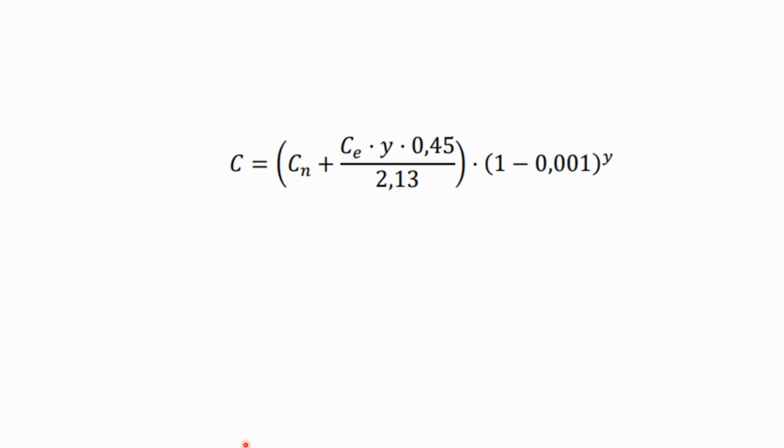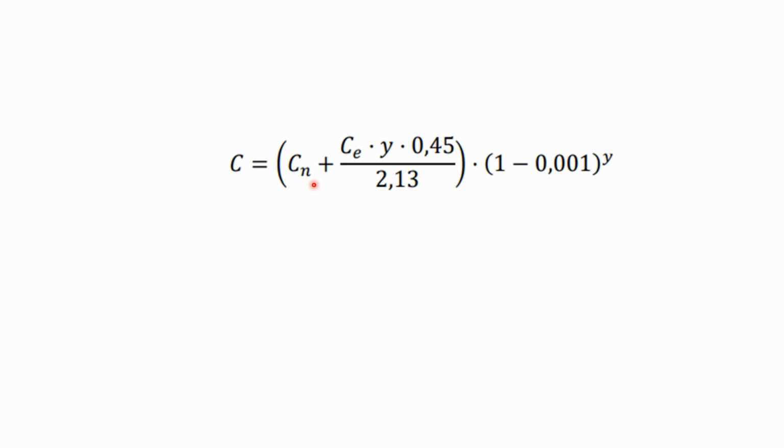If you are going to calculate temperature changes, you need to know how much the carbon concentration in the atmosphere will change in the future. Here you have the concentration of carbon at time t, and here you have the concentration of carbon at time n.